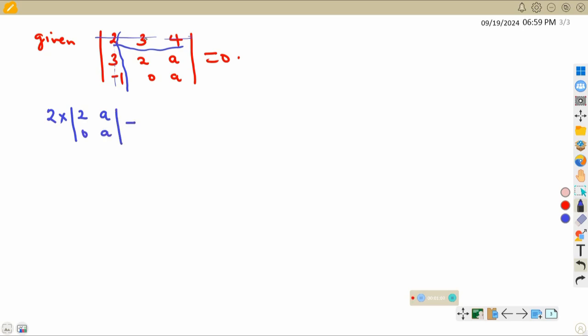Then minus, remember this value here is given, minus 3 times the determinant of the remaining entries when you eliminate the row and column where 3 lies. So we shall eliminate this row and this column here.